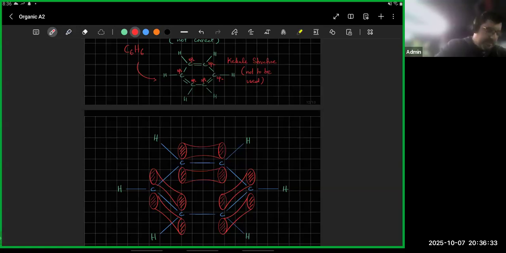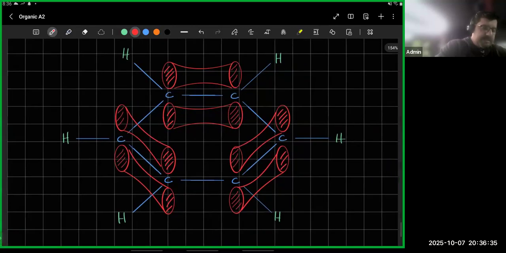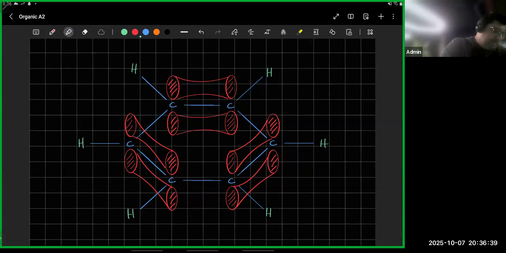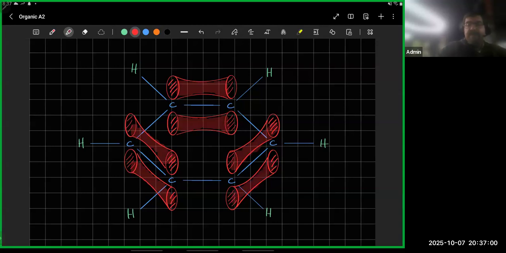What eventually happens is, normally in normal situations, two p orbitals overlap and you get a pi bond, right? You got a pi bond over here as well, right? Their electron densities merge. Okay, so they all start overlapping.